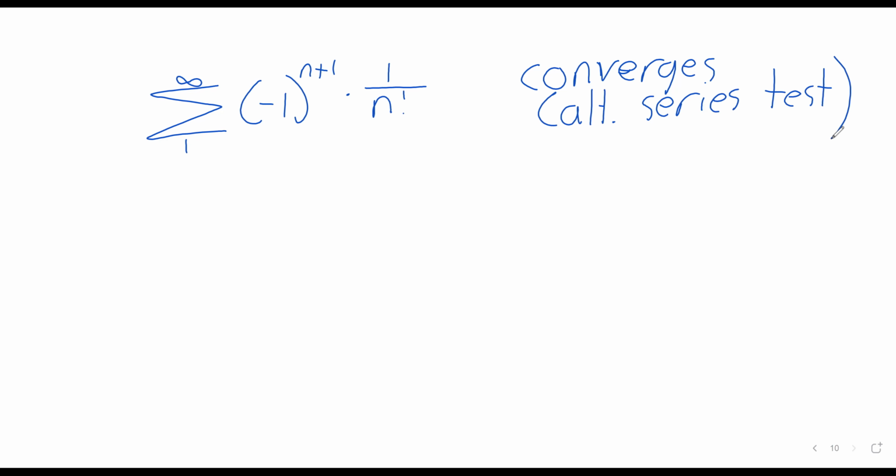So let's say that we go to Wolfram Alpha and ask it to numerically approximate it for us. Let's ask Wolfram Alpha to go from 1 to 100, so our capital N is going to be 100.